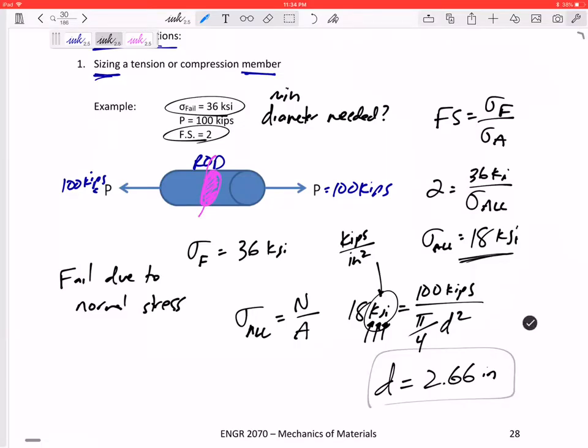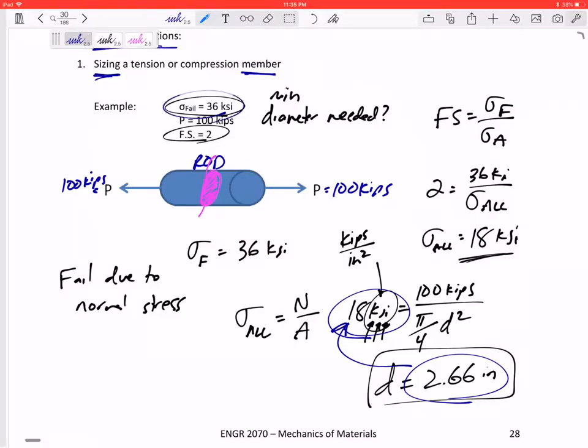That would be the minimum diameter that I'm going to allow. I'll allow 3 inches, I'll allow 5 inches, I'll allow 10 inches, but the minimum diameter is 2.66 because that would cause a stress of 18, and I know it's going to fail at 36.